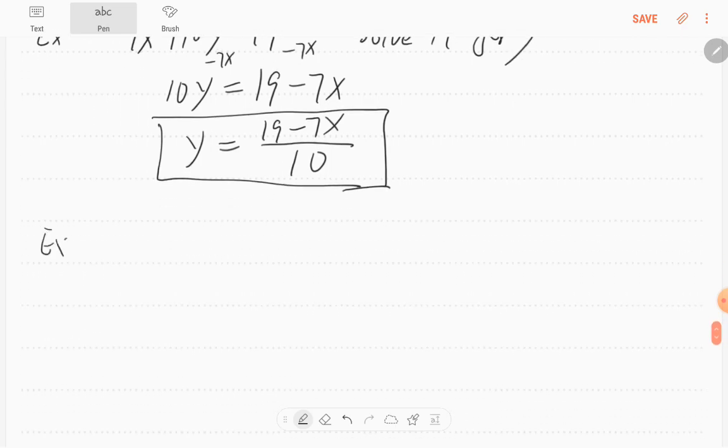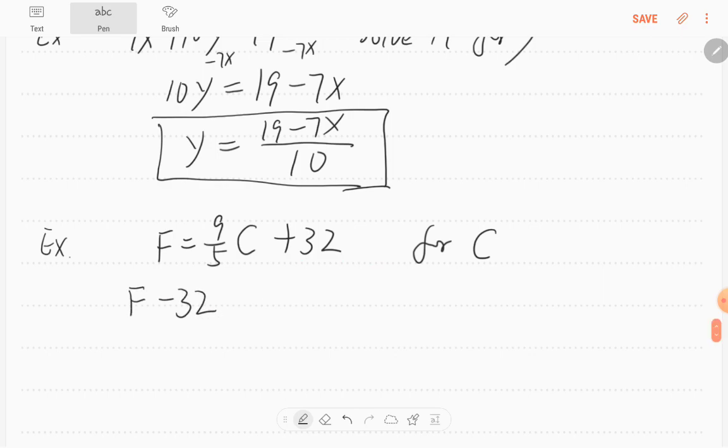Another one is F equals 9 over 5 times C plus 32. We want to solve it for C. So C is the variable and F is the constant, right? So we subtract 32 on both sides. You have F minus 32 equals 9 over 5 C, right?